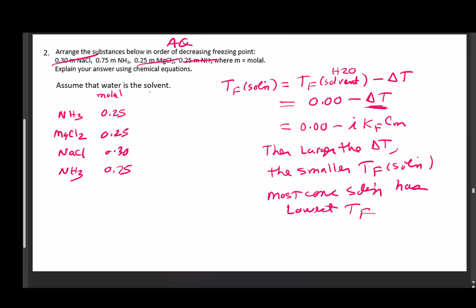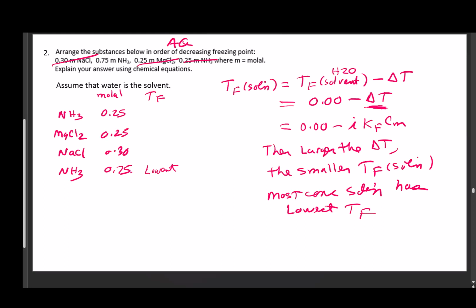So we can come over here and do Tf now. This is most concentrated, isn't it? 0.75. So this should have lowest freezing point here. All right.